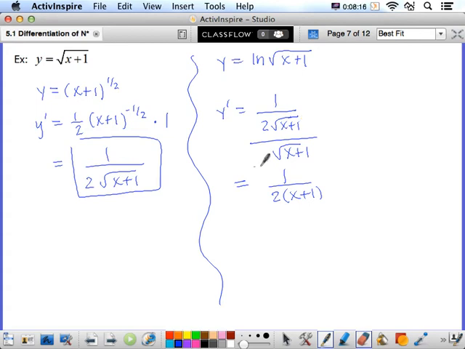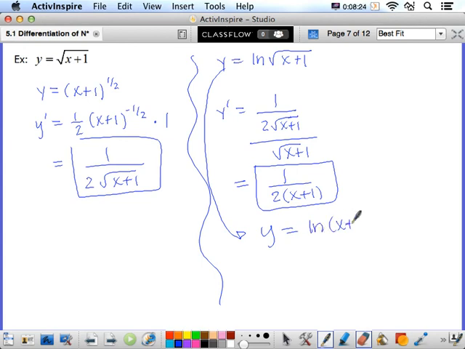What you probably should train yourself to do is before you start, change it and expand it and look at it like this. It will make it so much easier for you to take the derivative. If you expand it first and look at it, you can see that the derivative is the coefficient, which is 1/2.